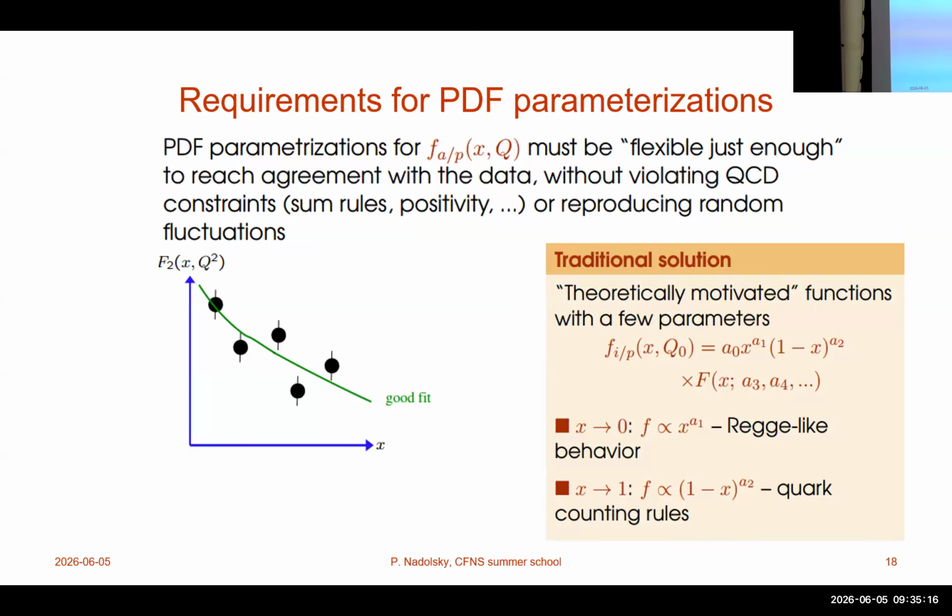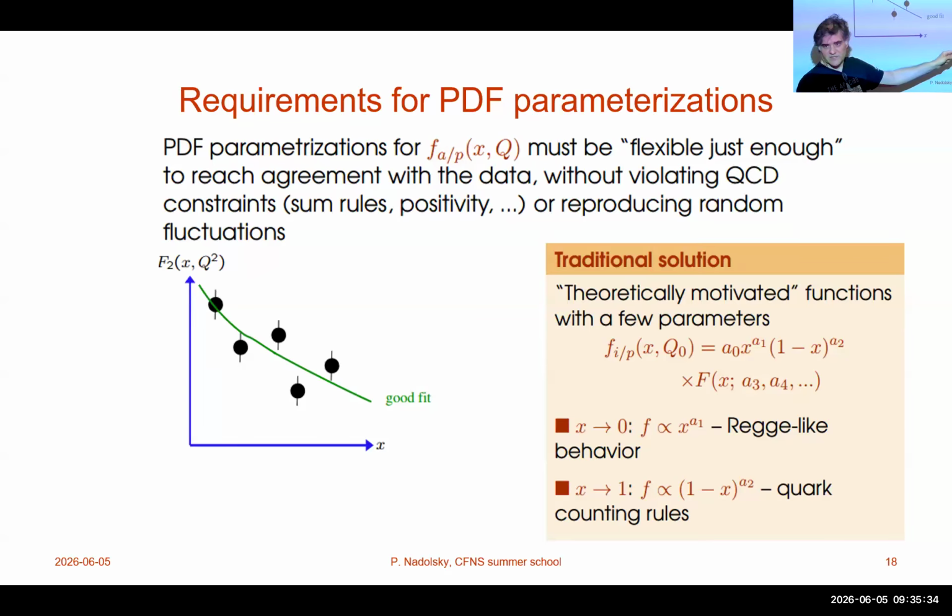Well, one way you can see it is that I just take a theoretically motivated function, right? So for example, a traditional parameterization will tell you that I always write my PDF as a product of two functions.